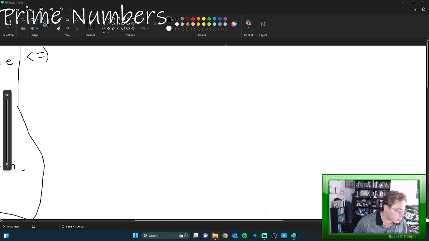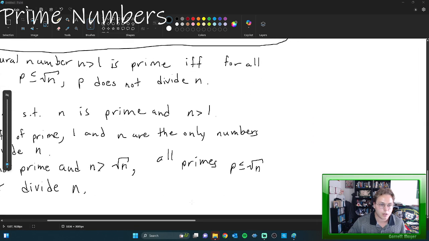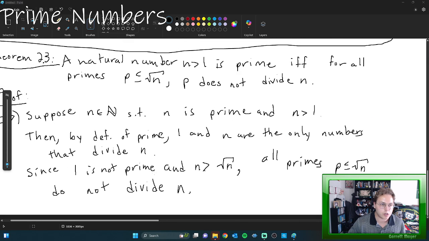So for this one, we're going to use the contrapositive approach. If you remember, the contrapositive approach starts by assuming that the result is not true, and then proving that the starting point is not true from there.